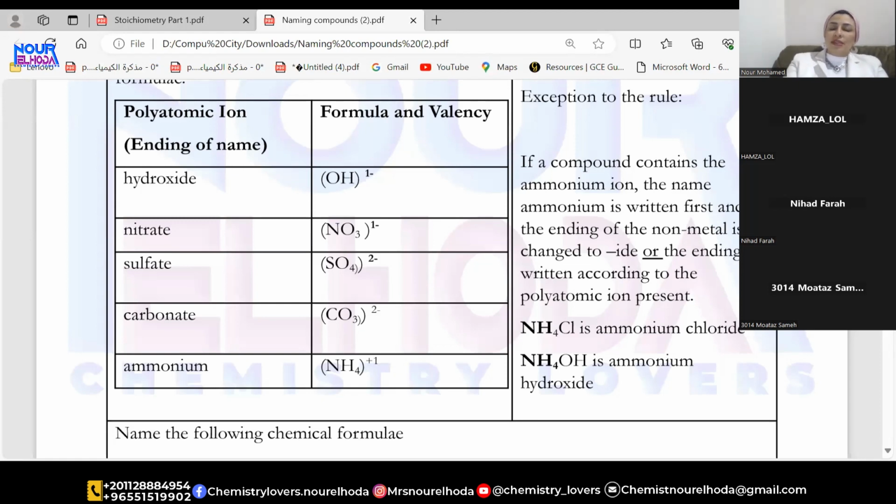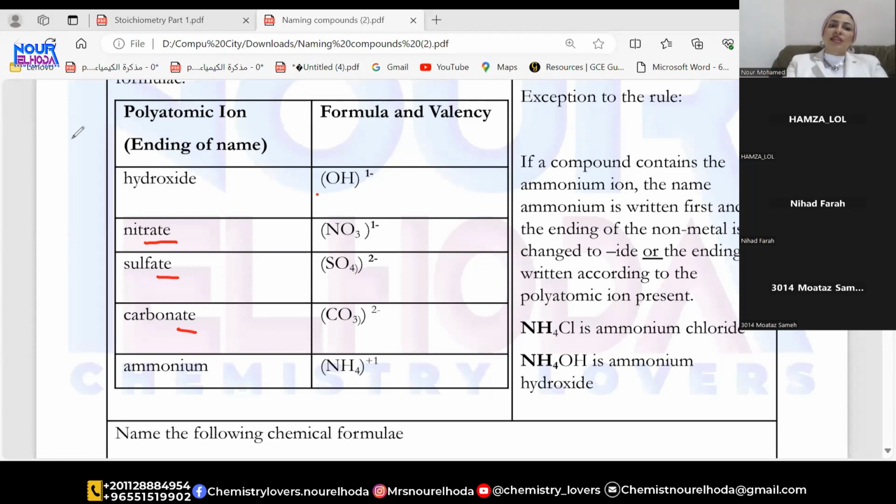So when I write, let's say, sodium hydroxide, potassium hydroxide, sodium sulfate, sodium nitrate, how should I do this? How should I write these formulas? This is the question. All the time when I say nitrate, by the way, when I write the ending "ate" for any compound, it means it contains oxygen.